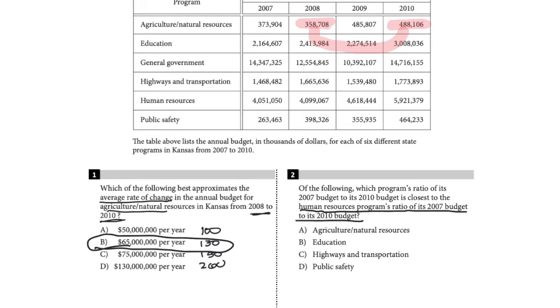Now, if I look at human resources here, 2007, 2010, I am not going to try to figure out that exact ratio. I am going to grossly simplify this and say we are talking about 4 and then 5.9, that's essentially 6. So we've got a ratio of 4 to 6.